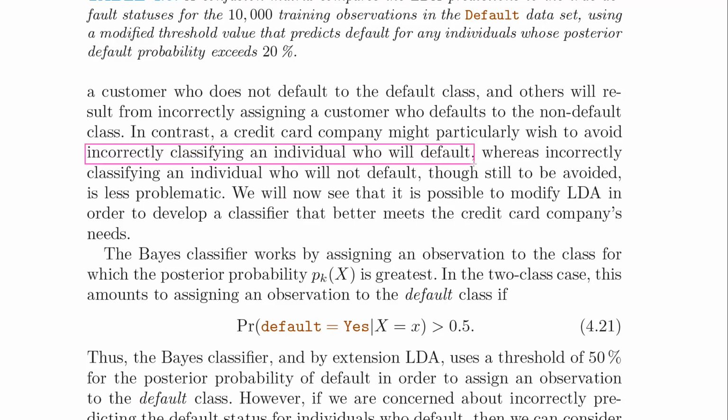But the real dangerous ones are these: incorrectly classifying an individual who will default. Whereas incorrectly classifying an individual who will not default, though still to be avoided, is less problematic. We will now see that it is possible to modify LDA in order to develop a classifier that better meets the credit card company's needs.